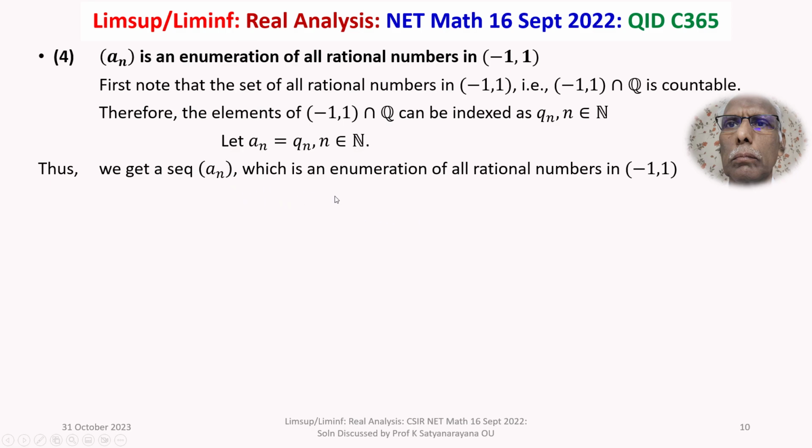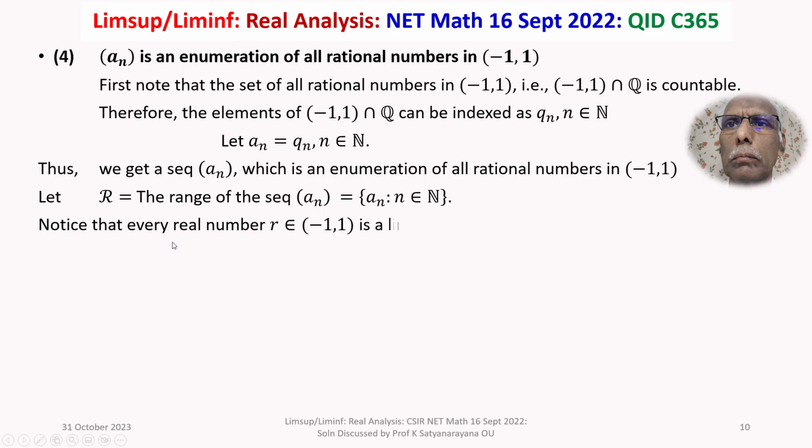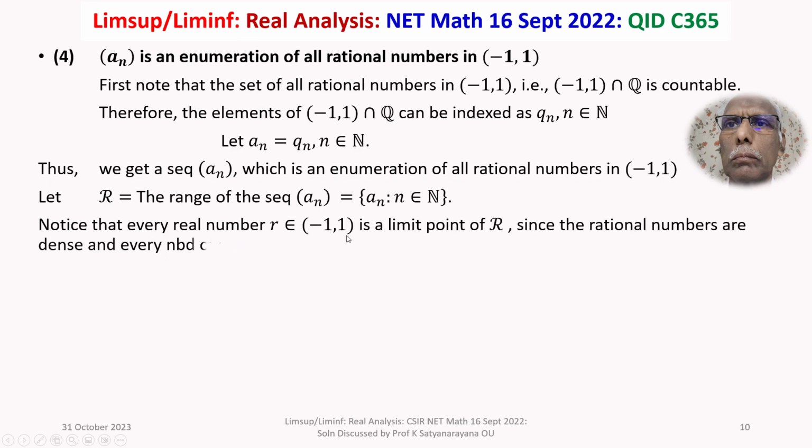Now, for this sequence An, what is the limit superior and limit inferior? Let R be the range of this sequence An. Range means the set of all the terms, that is An, n belongs to N. Notice that every real number r belonging to the open interval -1 to +1 is a limit point of R. Why?